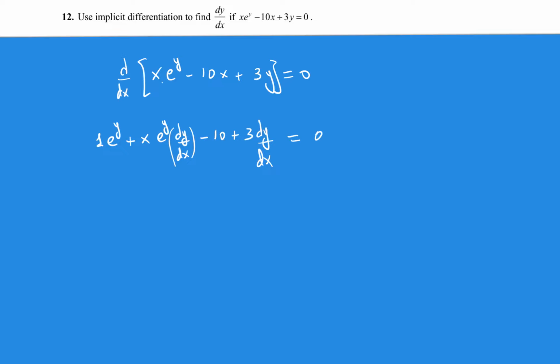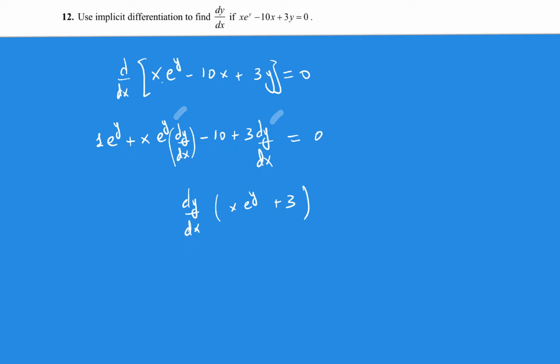So let's join the terms that have dy/dx. They have x times e to the y and have a 3. So I have joined these two terms, this and this one.